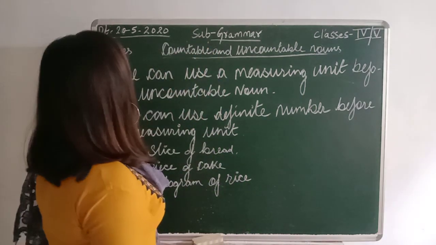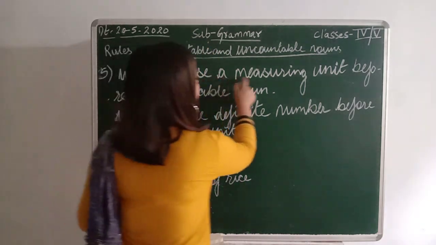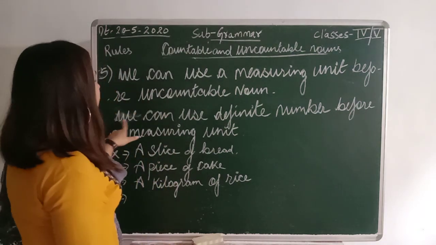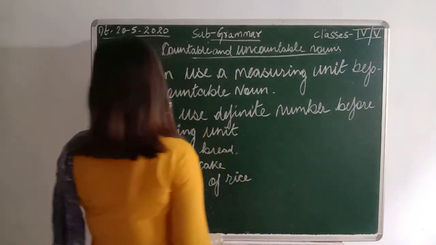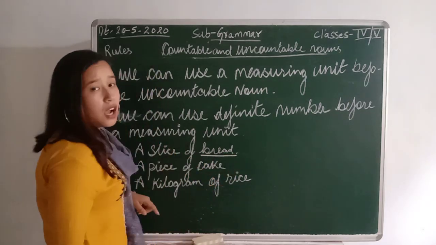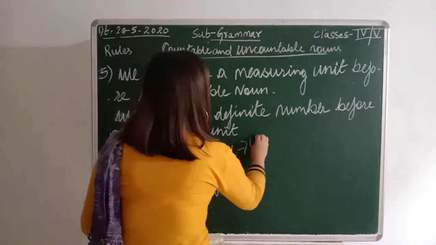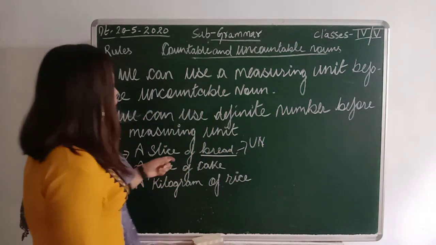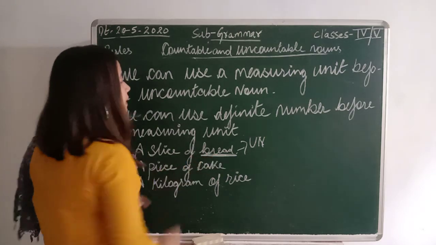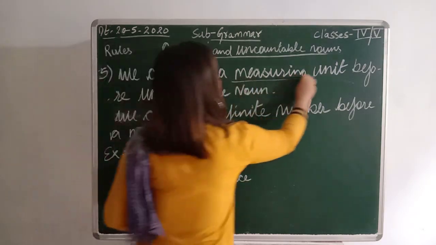So rule number 5, we can use a measuring unit before an uncountable noun. We can use a definite number before a measuring unit. So bread is an uncountable noun. To make it measurable, what do we have to write?